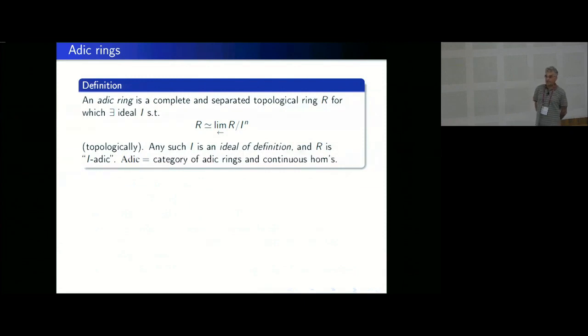But the ideal I is not part of the data. You can take many different ideals that give you the same topology, and every such ideal is called an ideal of definition. And you easily see, since the powers of I form a system of neighborhoods at the origin, that J is also an ideal of definition if and only if I contains a power of J and J contains a power of I.